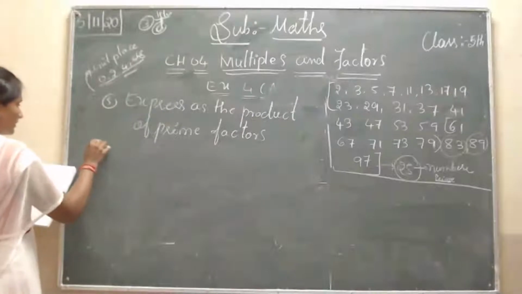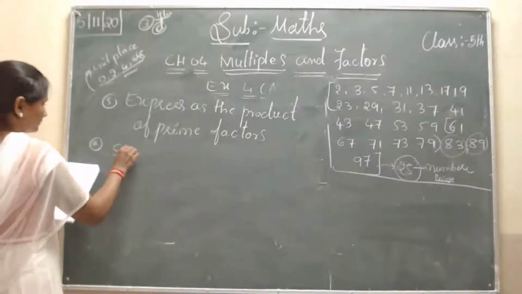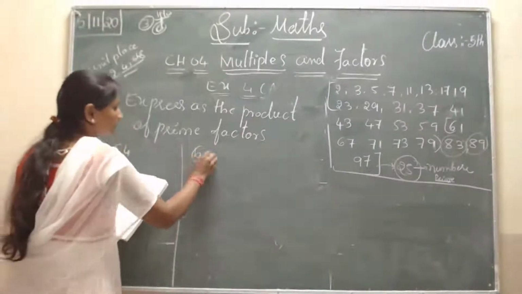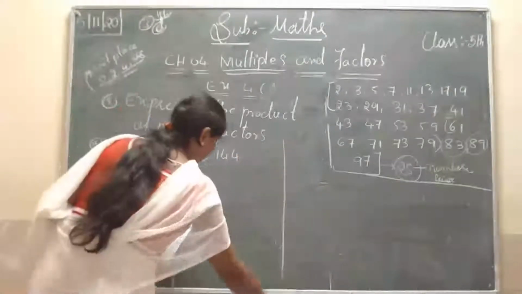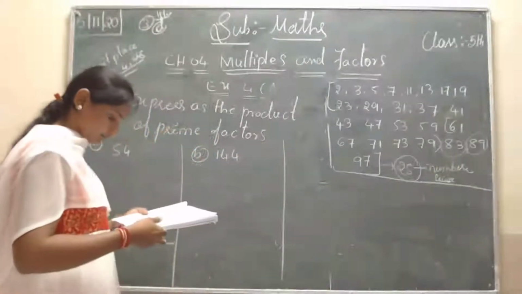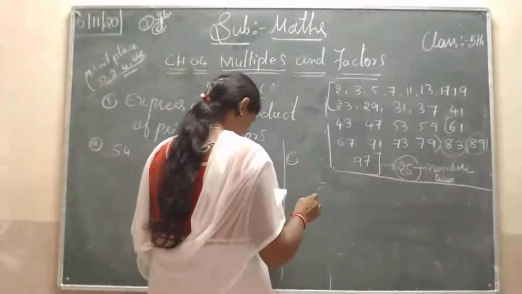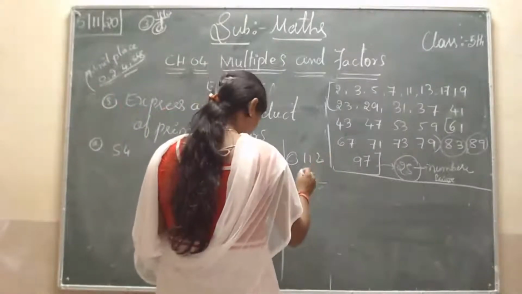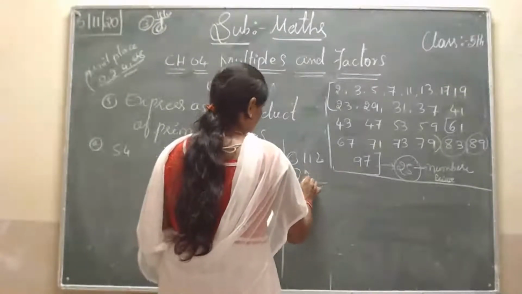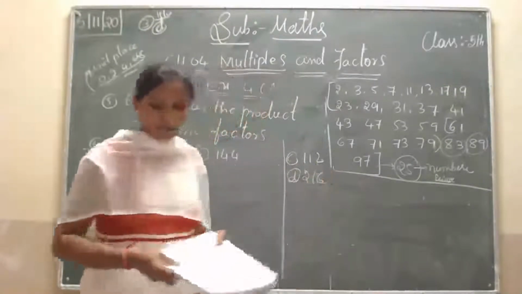A, 54. B, 144. D, 126. Students, can observe here.